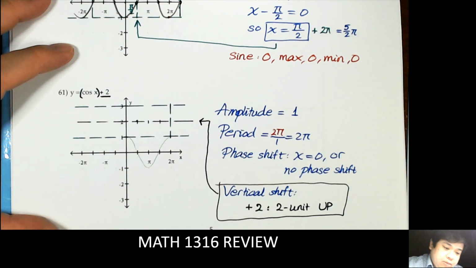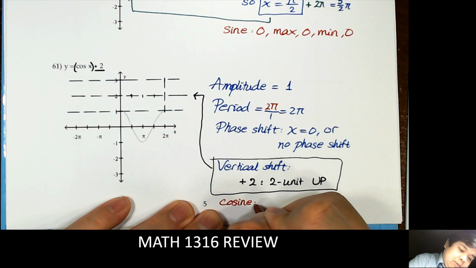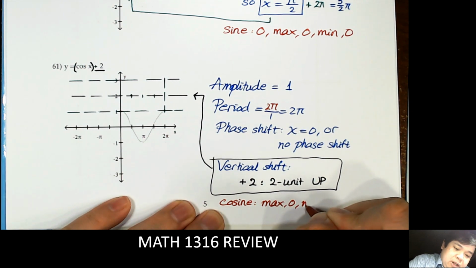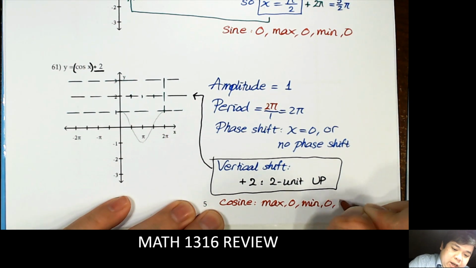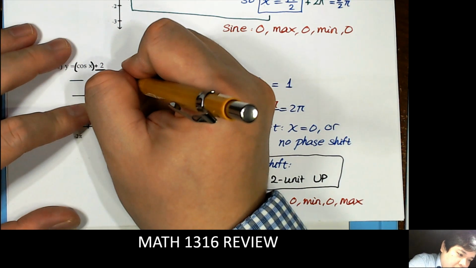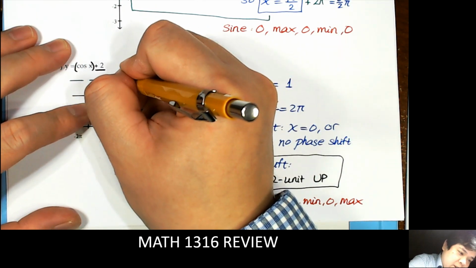Cosine is, I'll just write that every time: max, 0, min, 0, and max. Max, 0, min, 0, and max.